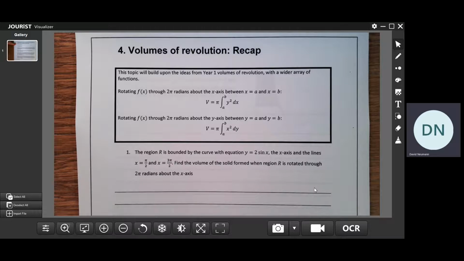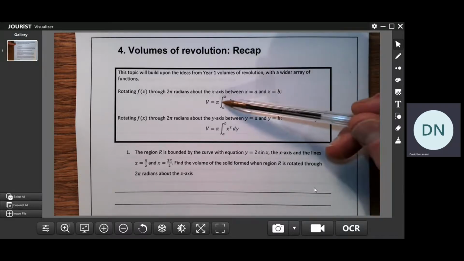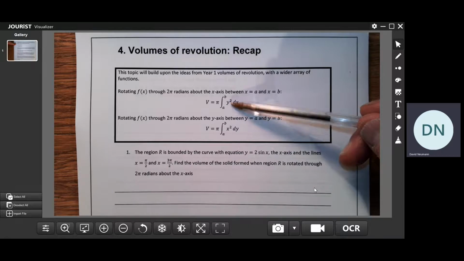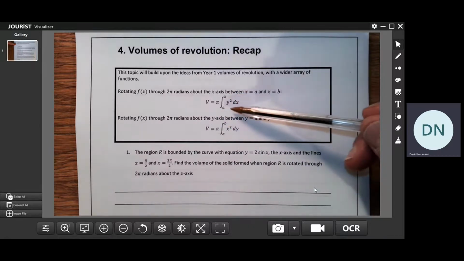So a quick recap: if we take a function and we think of its graph rotated around the x-axis to form a solid volume, then the volume of that shape will be given by volume is equal to pi times y squared, and then we integrate the whole thing between values of x.